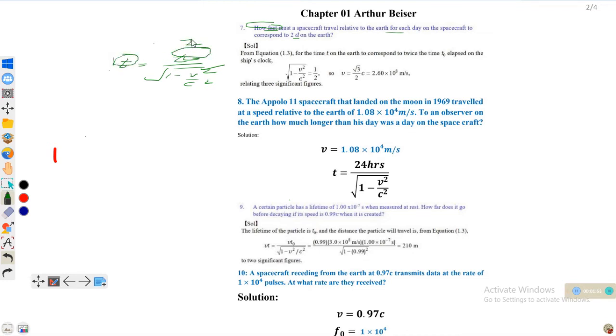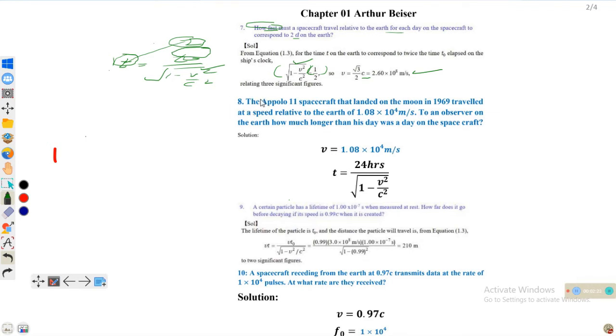If we cross multiply, this becomes 1 over 2 equals the square root of 1 minus v squared over c squared, and now we have to solve this equation for v. We square both sides and solve for v. So we obtain v equals root 3 over 2 times c, which is 2.60 times 10 power 8 meters per second. This is our required answer.